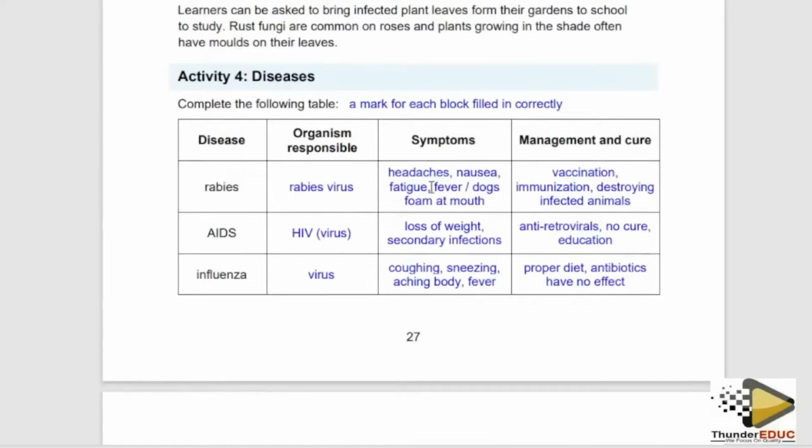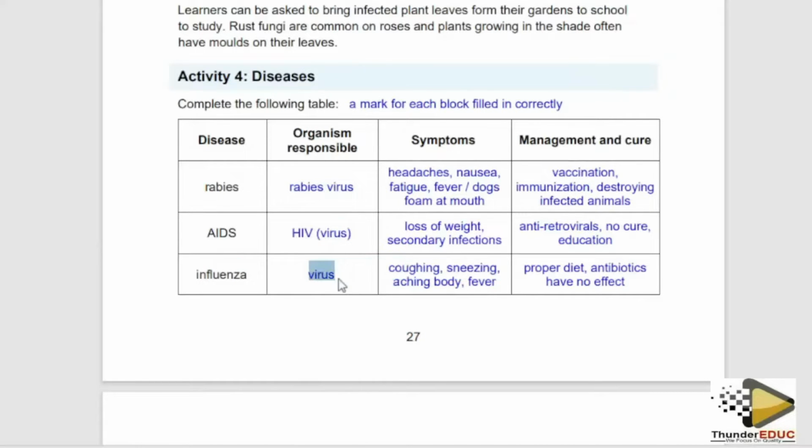But don't expect to have all these diseases, because rabies, AIDS and influenza are all caused by a virus. We are not going to bring all of them. Remember, one teacher will focus on this, another teacher in another school on that.